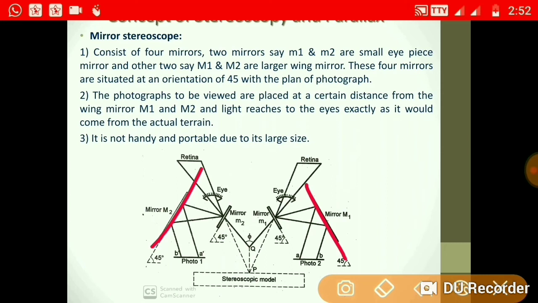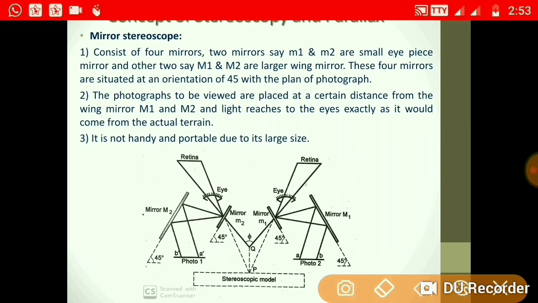These four mirrors are situated at an orientation of 45 degrees with the plane of the photograph. Okay, so this is the horizontal plane of the photograph, and the mirrors are located in such a way that they make an angle of 45 degrees with the plane of the photograph. Then the photographs to be viewed are placed at a certain distance from the wing mirrors M1 and M2, and light reaches the eyes exactly as it would come from the actual terrain.